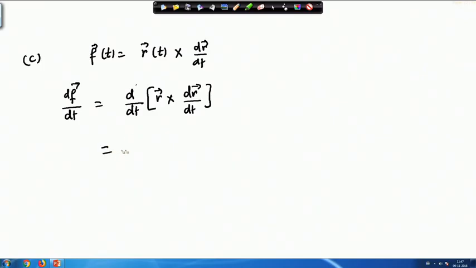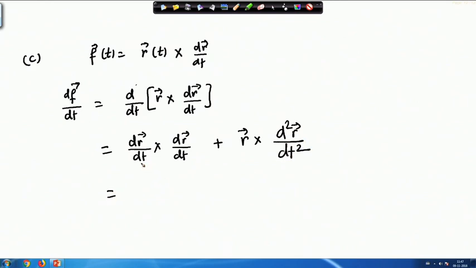And now if I differentiate, then this will be dr/dt cross product with dr/dt plus r cross d square r by dt square. Now these two are the same vectors. So we know that a cross a is a 0 vector. That means cross product of a vector with itself is equal to 0, because they are considered to be collinear or parallel.